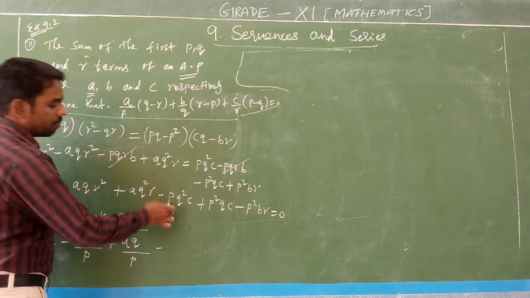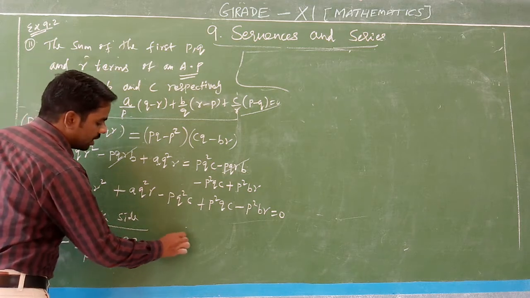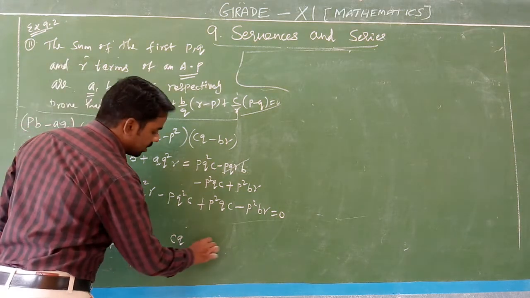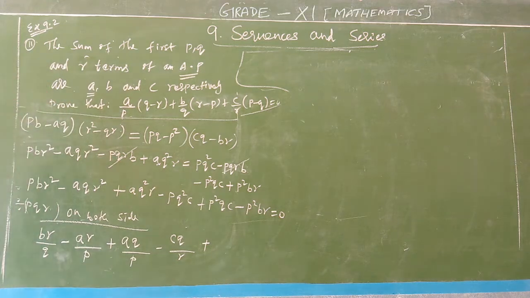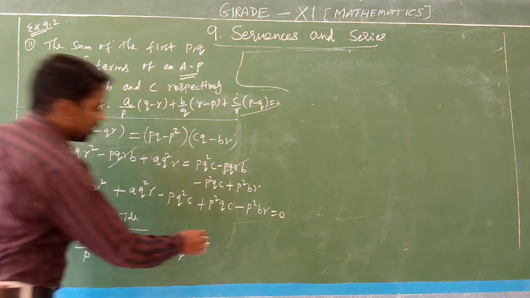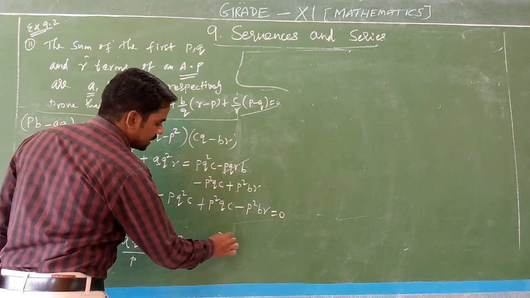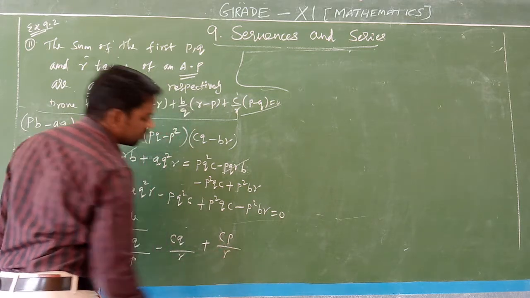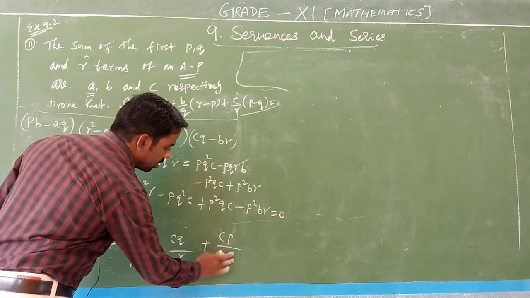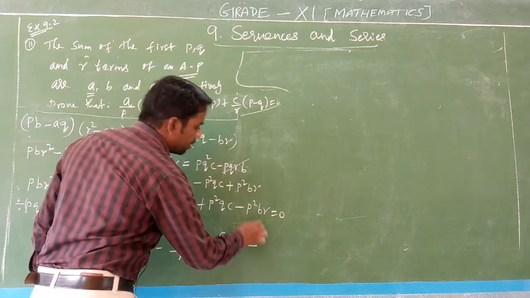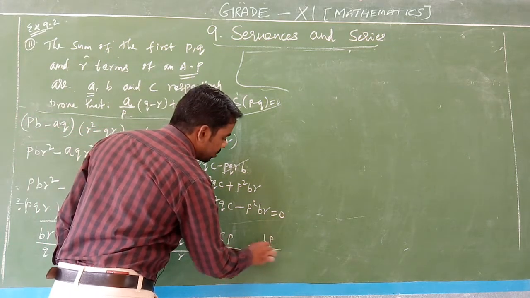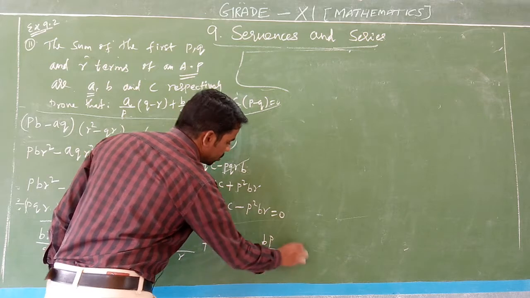Minus pq squared c divided by pqr, so cq divided by r. Plus p squared qc divided by pqr, that is cp divided by r. Minus p squared br divided by pqr is bp divided by q, equal to 0.